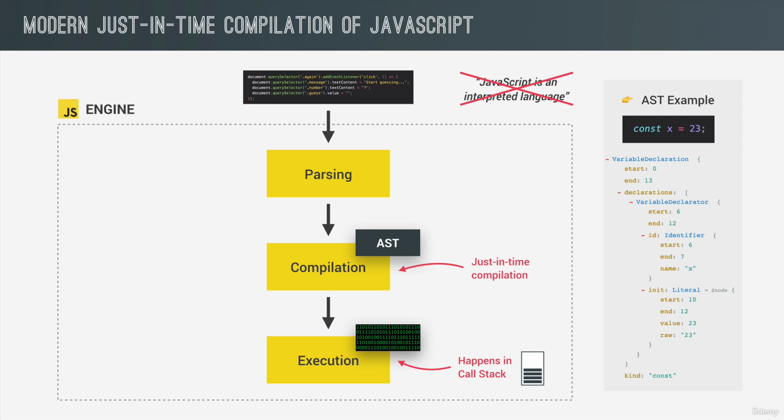Alright, so far so good. We have our code running, so we can finish here, right? Well, not so fast, because modern JavaScript engines actually have some pretty clever optimization strategies. What they do is create a very unoptimized version of machine code in the beginning, just so that it can start executing as fast as possible.